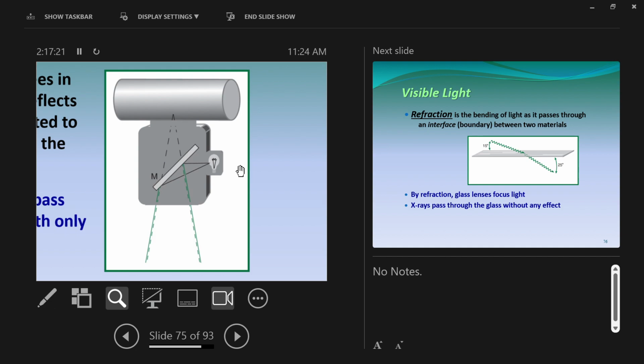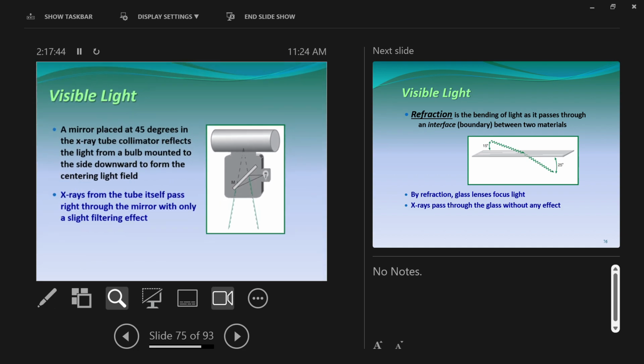Now the light bulb sends light out to the mirror. It hits the mirror at a 45-degree angle and it bounces off the mirror at a 45-degree angle. But the mirror is angled at 45 degrees to the table. So what happens is the light makes a 90-degree turn downward towards the tabletop. So we can project light down towards the table using a mirror.